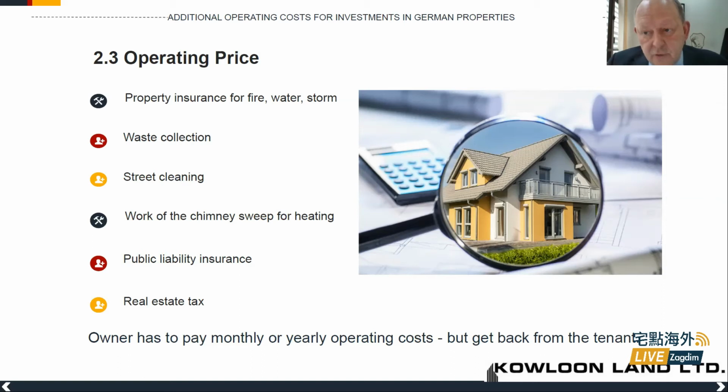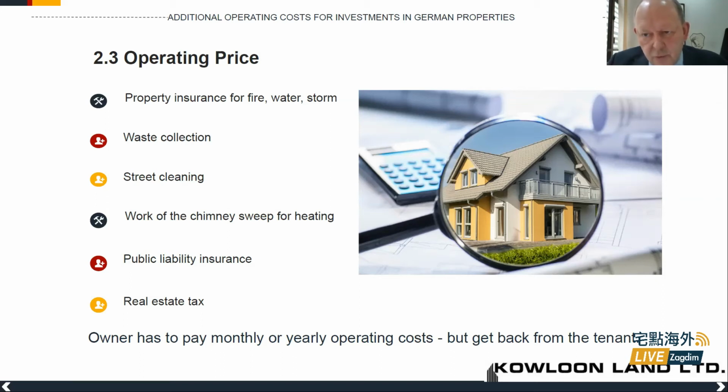What is very interesting for Germany is the work of the chimney sweep for heating. This is an absolute must, because nearly all houses in Germany have heating, and only the system is different. At the moment you have a lot of gas heating, and also heating by wood or coal, but in the meanwhile a lot of sustainable energy with a pump in the ground or in the water.